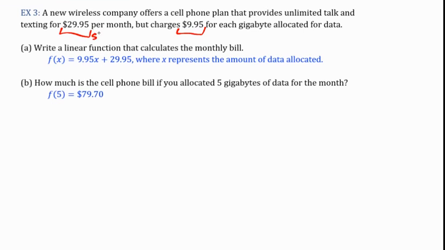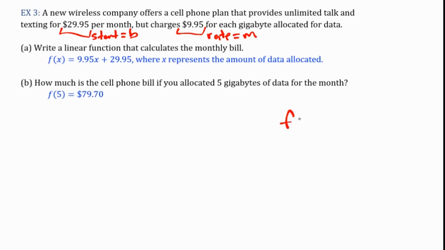This is the starting value. This is the rate of change in the bill. We should think of the starting value as the starting point in our graph, which is the b value, and we should think of the rate of change as the slope, which is the m value.